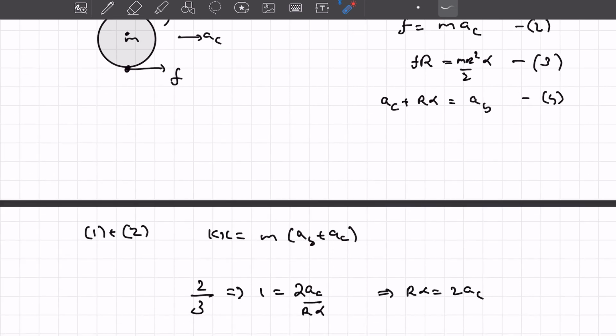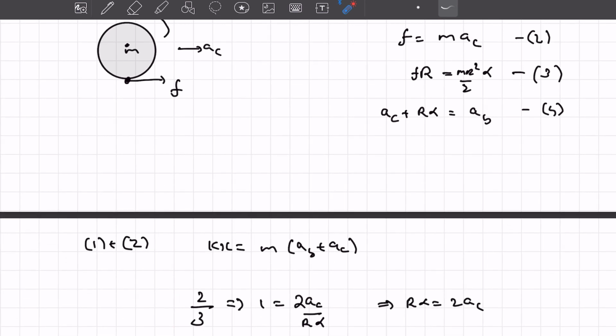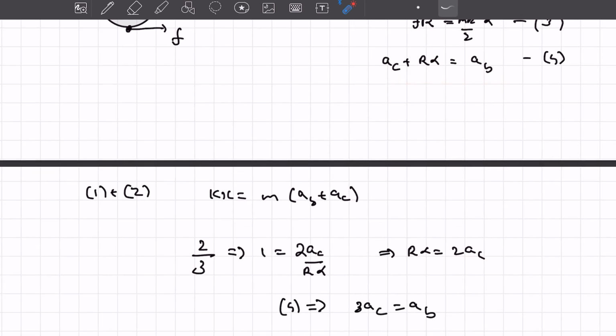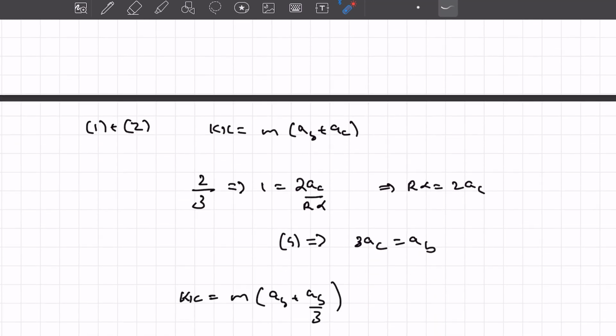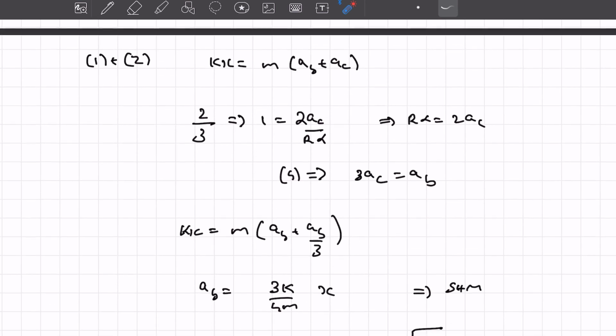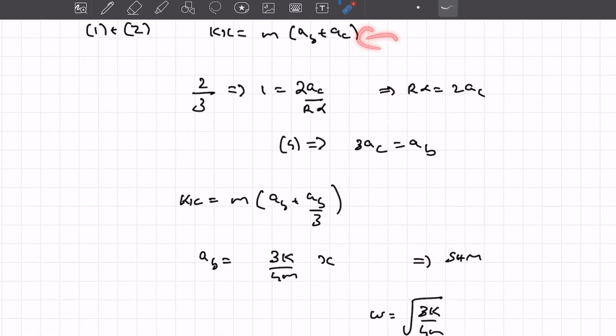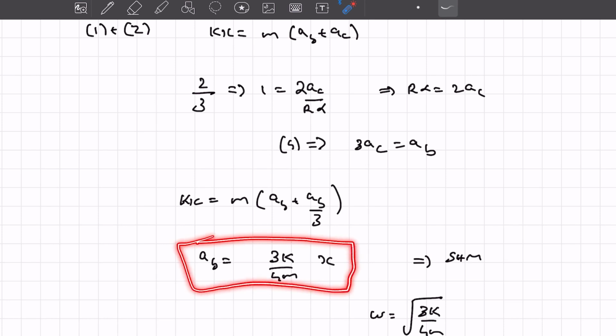So for that we are going to divide equation 2 and 3, and we'll get R alpha as 2AC. And if we substitute that into this equation, we'll get the value of 3AC as AB. So now we can just substitute AC for AB in this equation we just determined, and we'll get the value of AB to be 3k by 4m times x.